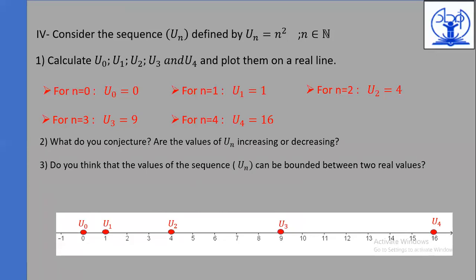A sequence is said to be bounded if you can find two real numbers where all the values are in between. Do you think that as n increases, un is approaching a certain value? Actually, if we keep on plotting the terms, the answer will be clearly no. This sequence is divergent to infinity.